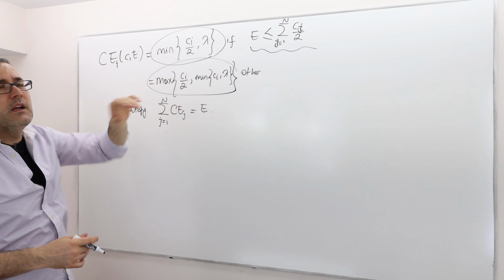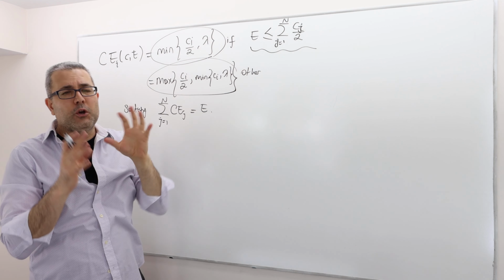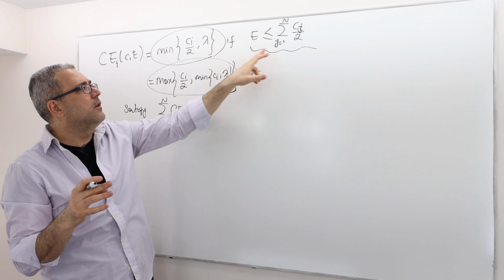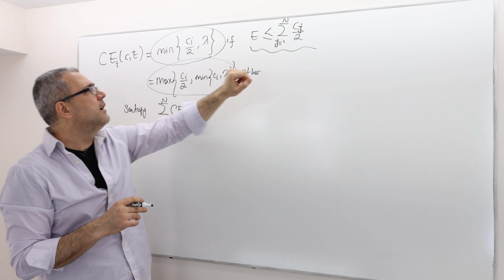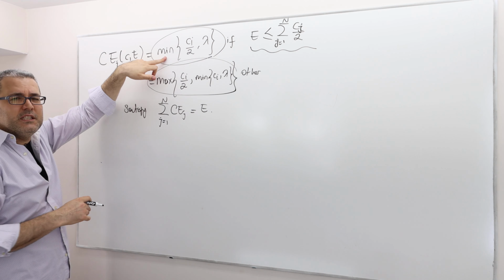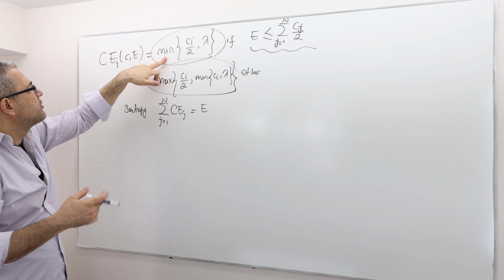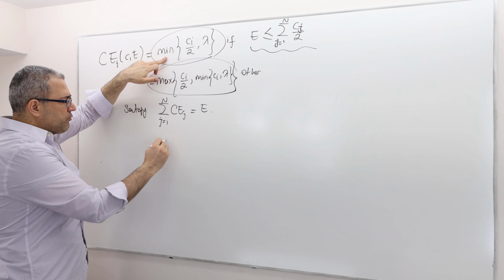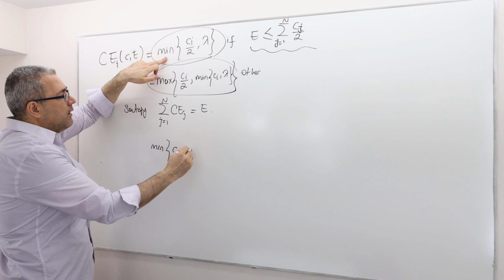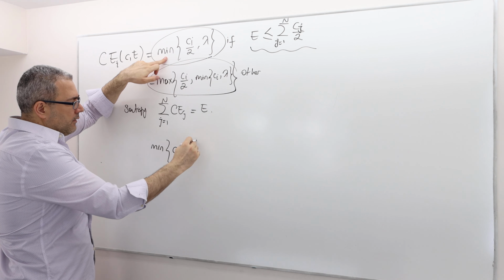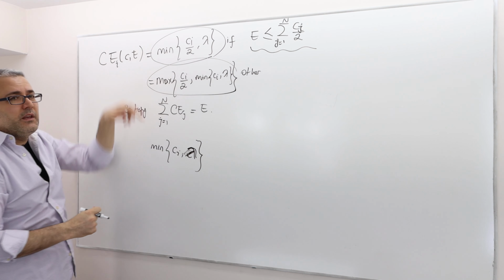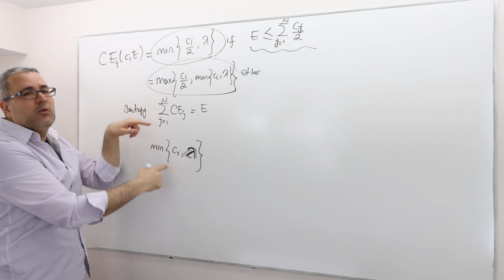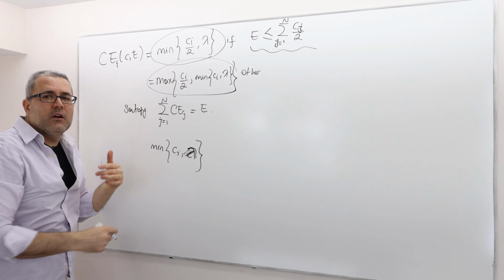Why? If your surplus E is very small so that this is satisfied, then this term is very similar to the constrained equal awards rule. Remember, in the constrained equal awards rule, I had this term, lambda. So here, the only difference is I have the half of c_i. What does that mean?